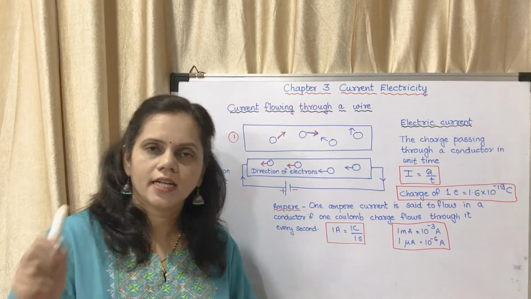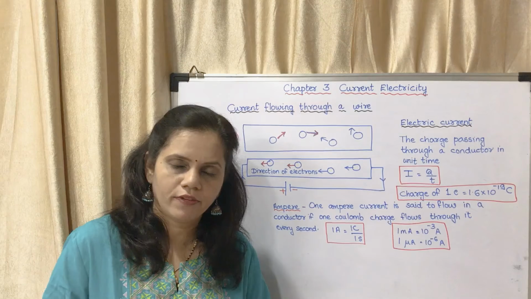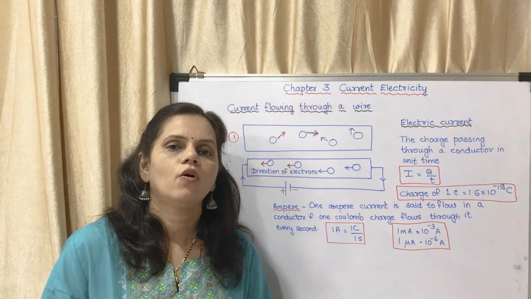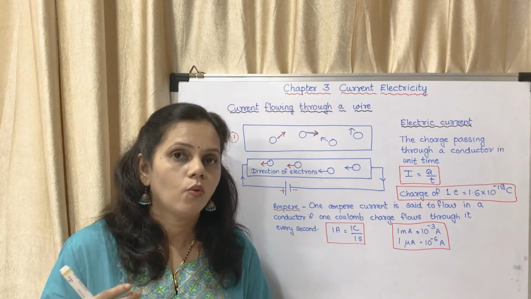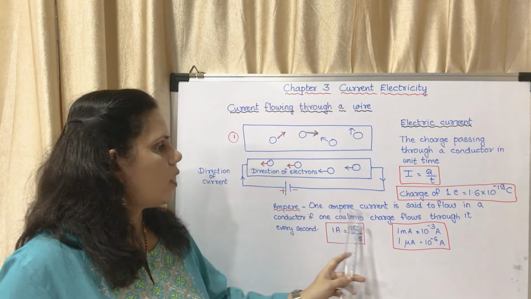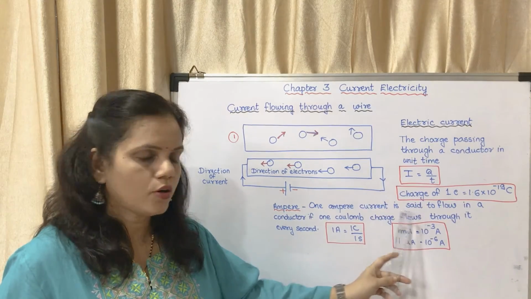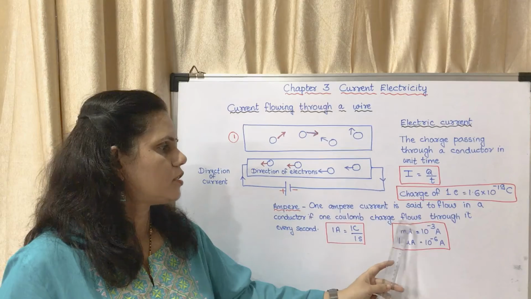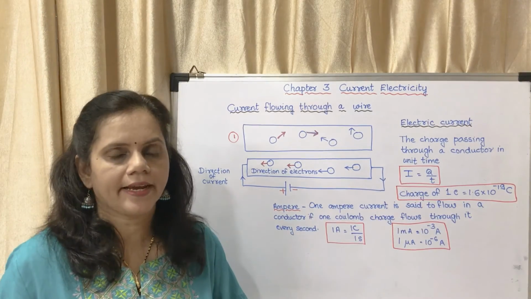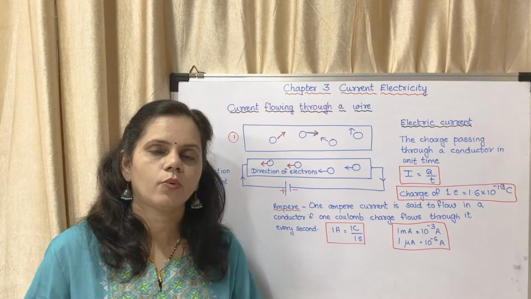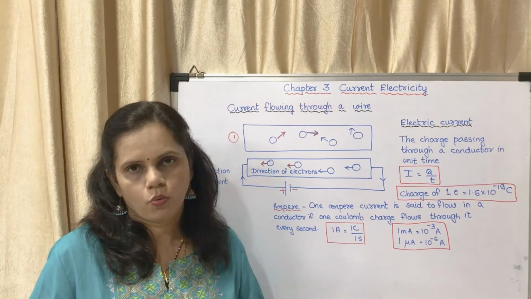I repeat, 1 ampere current is said to flow in a conductor if 1 coulomb charge flows through it every second. That means in 1 second. That means 1 ampere is equal to 1 coulomb upon 1 second.